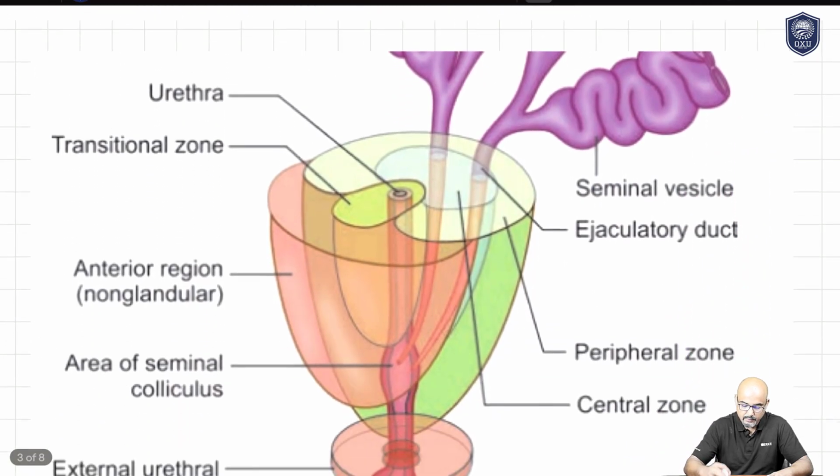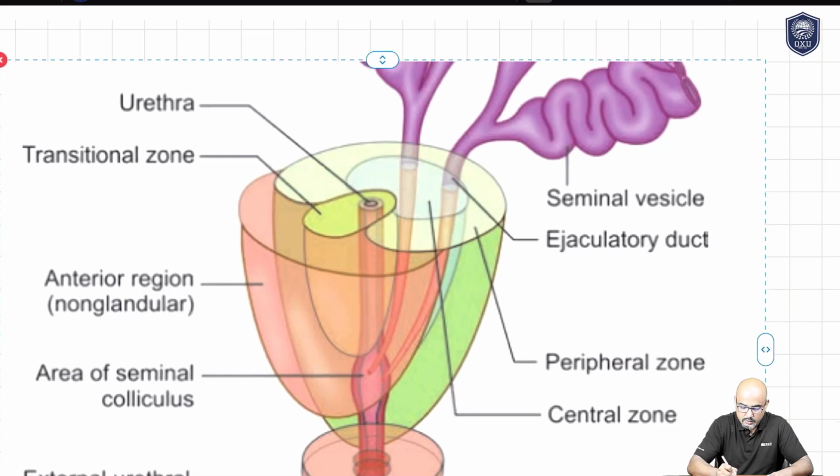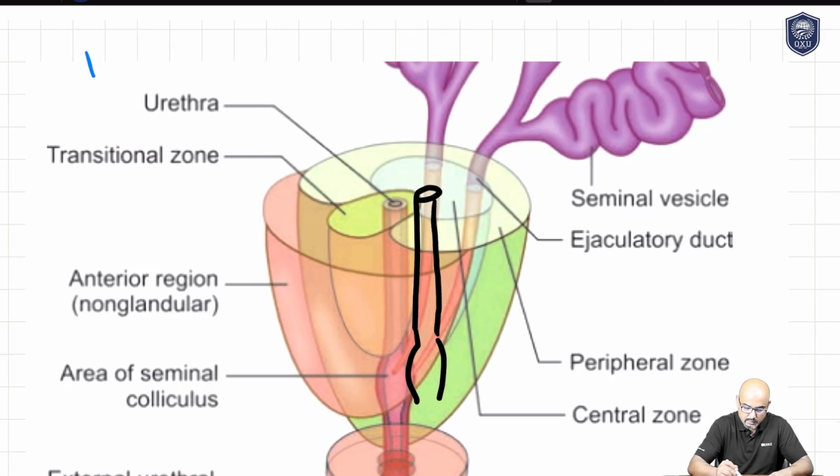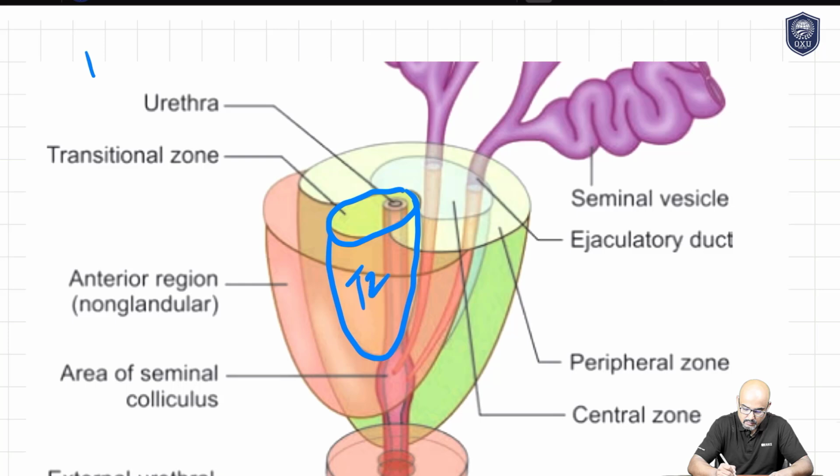See this picture here. This is urethra, you can see. Okay. This is veru. And the prostatic tissue around the urethra, this one is known as transitional zone, and from where BPH arises most.